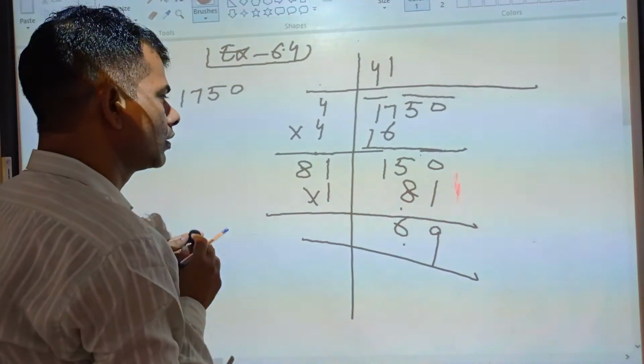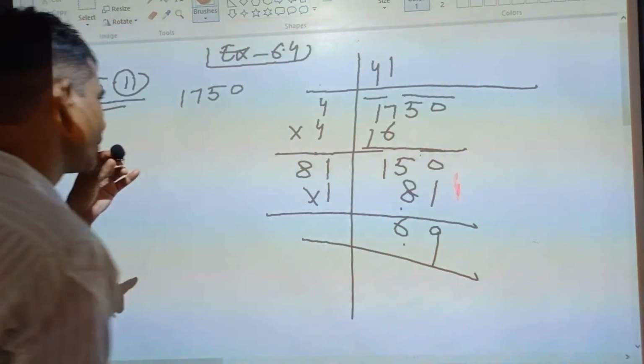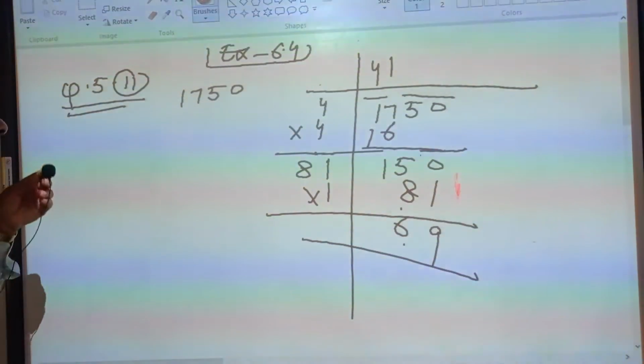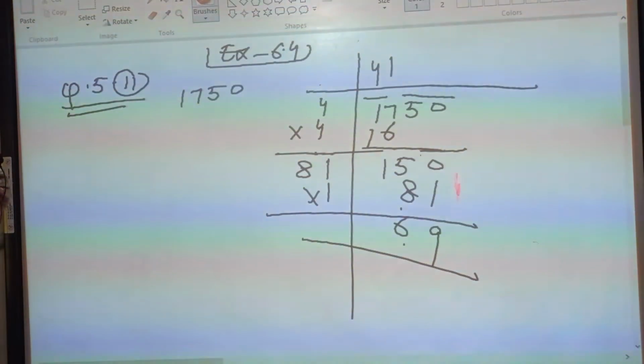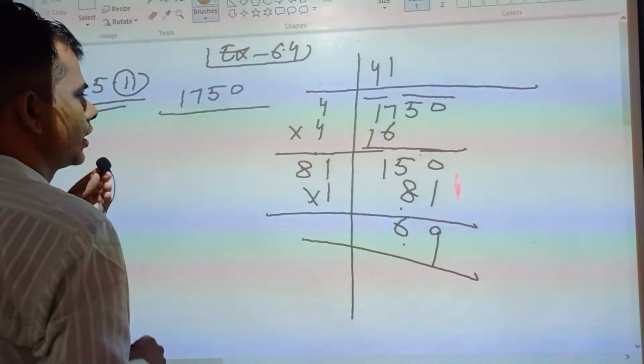Now, by this number we will add in 1750 so it becomes a perfect square number. This is not a perfect square number.